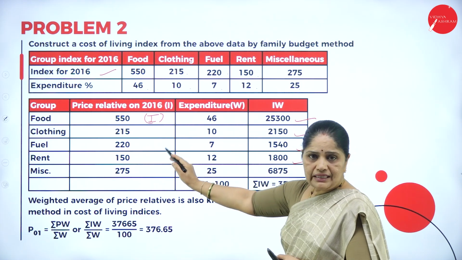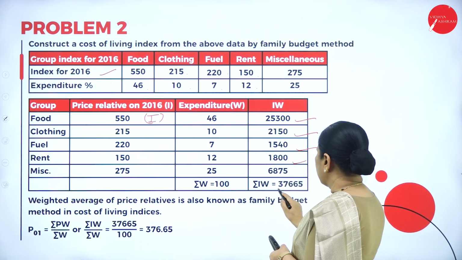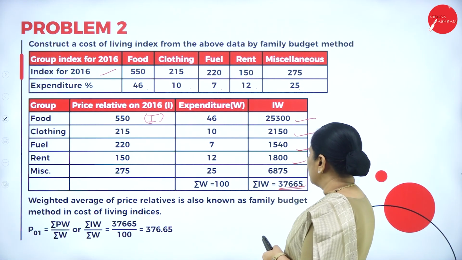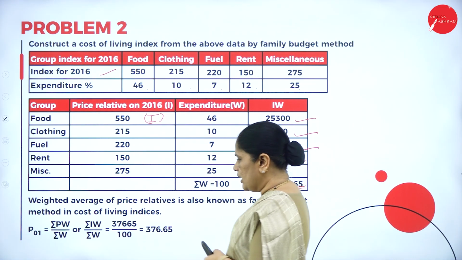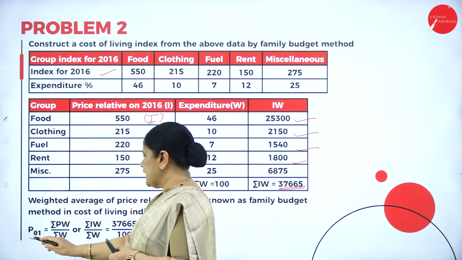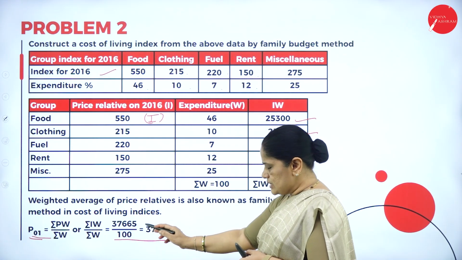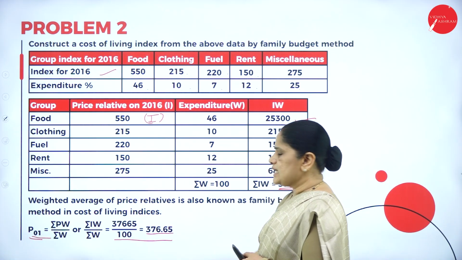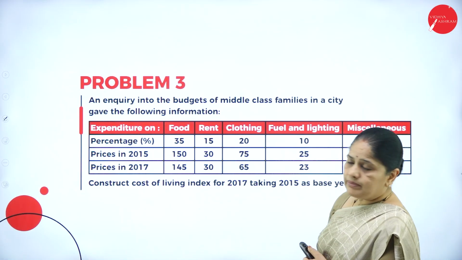So I am multiplying this column numbers into the column numbers of W. So when we add all this, I am getting summation IW is 37,655. So in order to find the price relative index numbers, I'll have to just divide it by 100. I get the answer as 376.65.